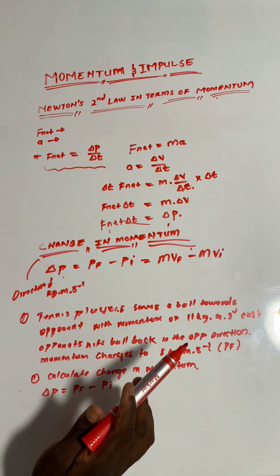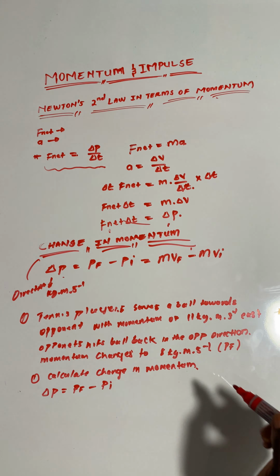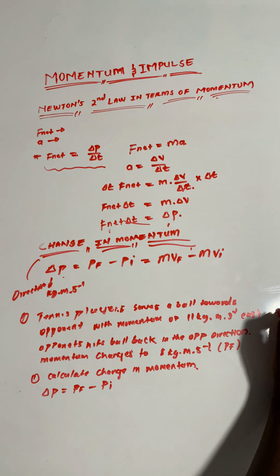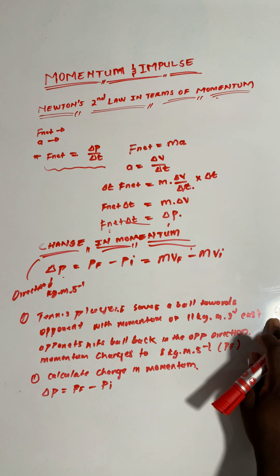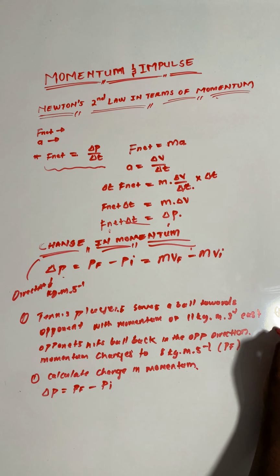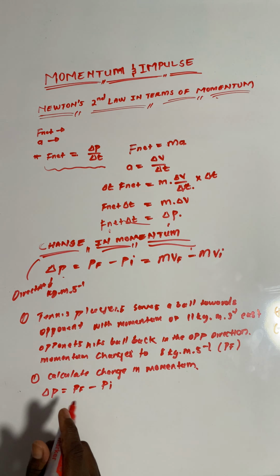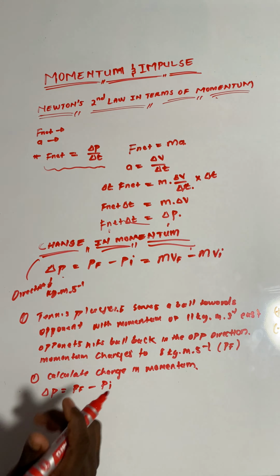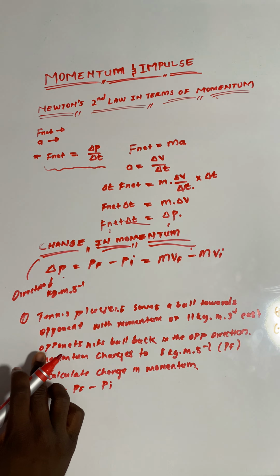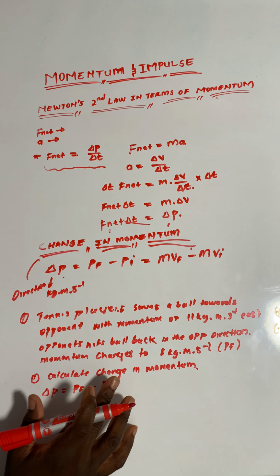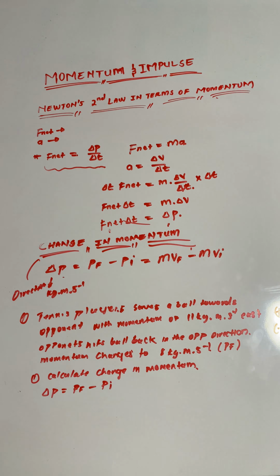So we need to decide direction. What are we taking east as? Usually we take east as positive, meaning anything going in the opposite direction would be negative. So since we're taking the 11 as positive, when the opponent hits back in the opposite direction, that answer must be negative.